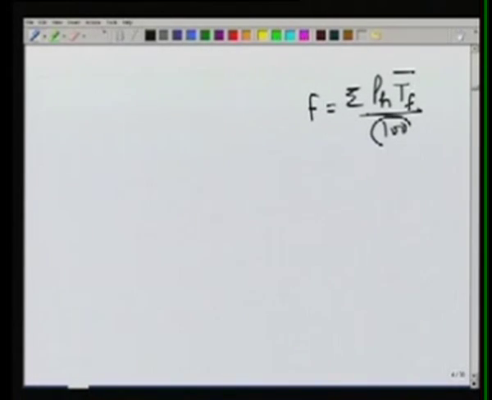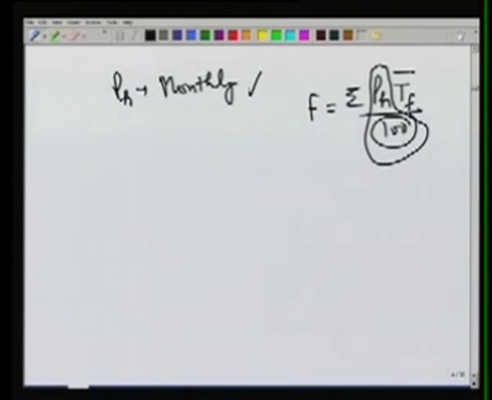This 100 is there because pH is a percent. So this pH by 100 is a fraction. The definition of these terms is pH is the monthly percent of the annual daylight hours.